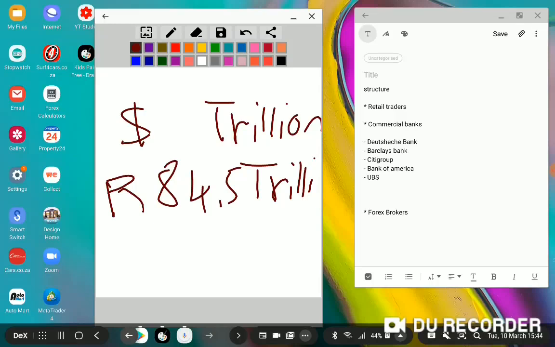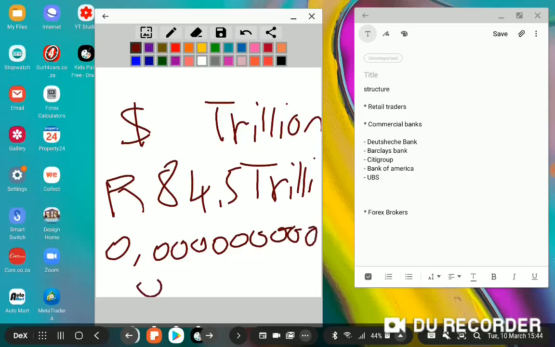Now, that simply means that these guys, the commercial banks, have so much money to trade on a daily basis. As retail traders, we're just trying to get a piece of the pie, a piece of the 84.5 trillion traded by the commercial banks. We're just looking for a tiny fraction of it, 0.00000000000000000000001%.